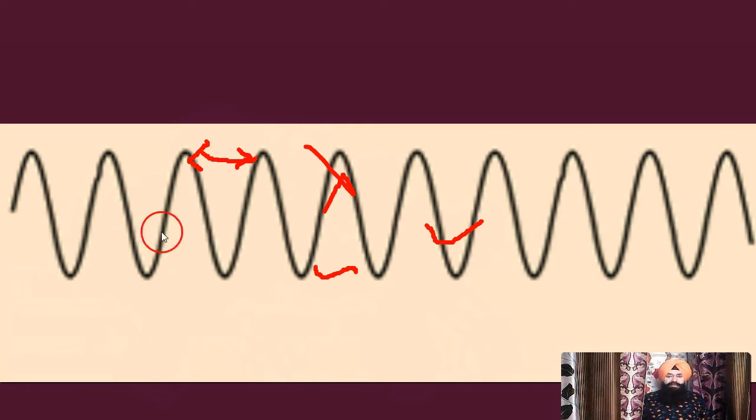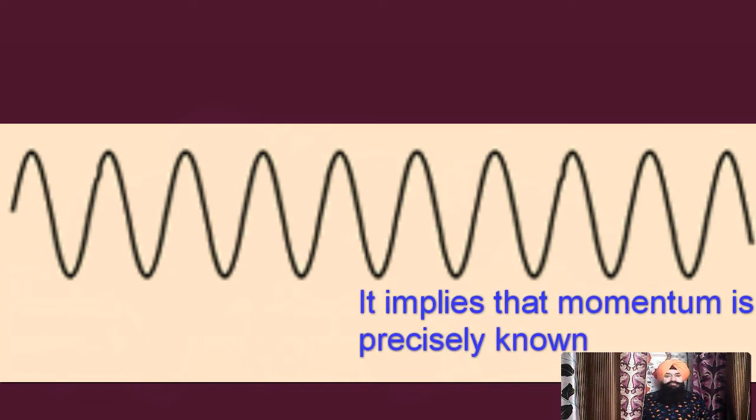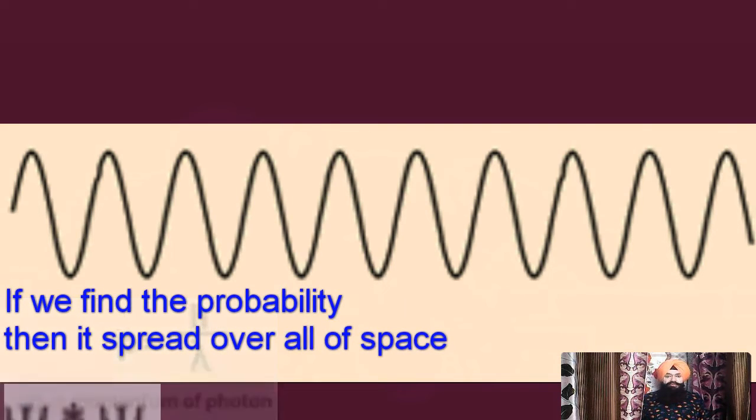This wave is extending from the left side as well as from the right side in the space. And if you find the probability of this wave, then that probability also spreads over all of the space. And what is the probability?